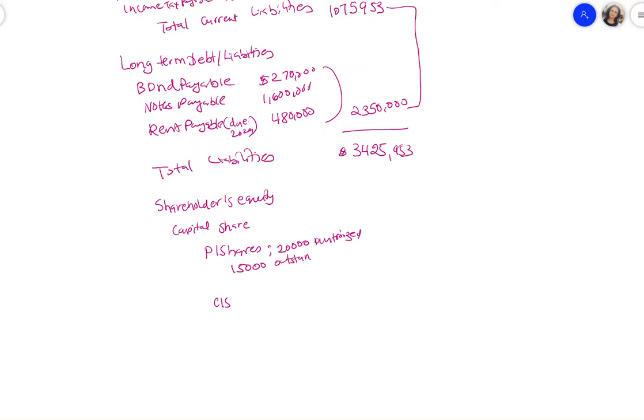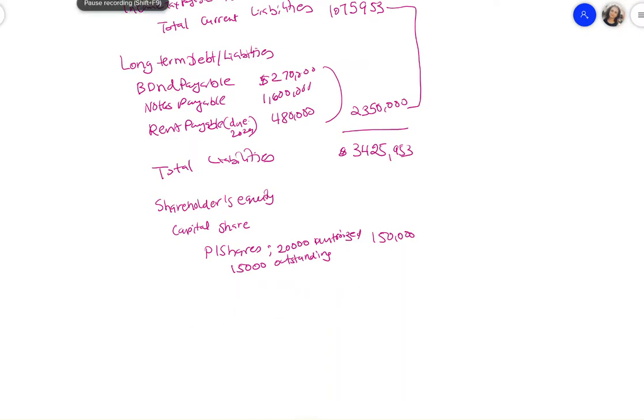We needed to let our audience, who is looking at the financial statement, know, and the amount was 150,000. And the same thing with the common shares: how many were authorized, and how many were outstanding?